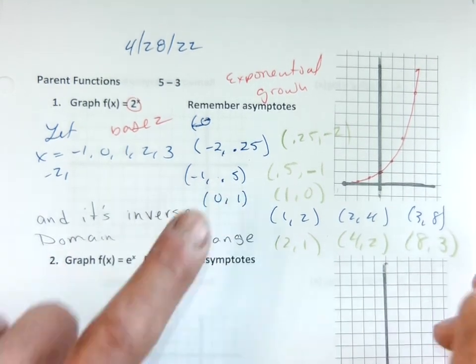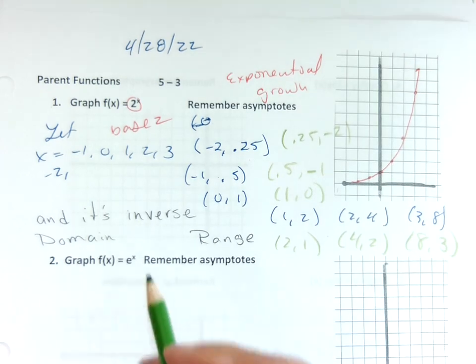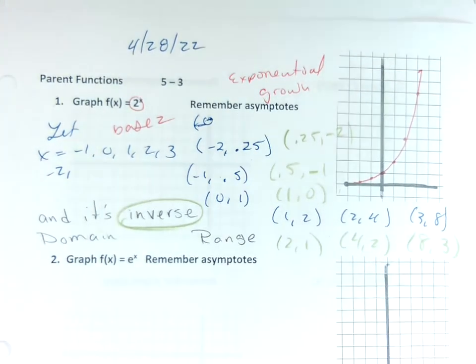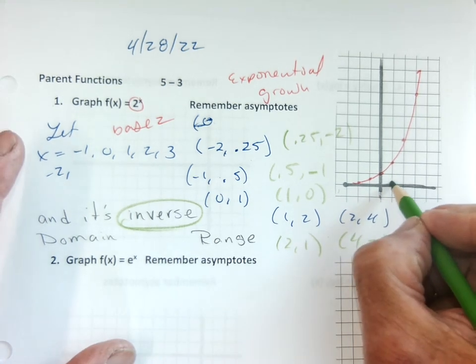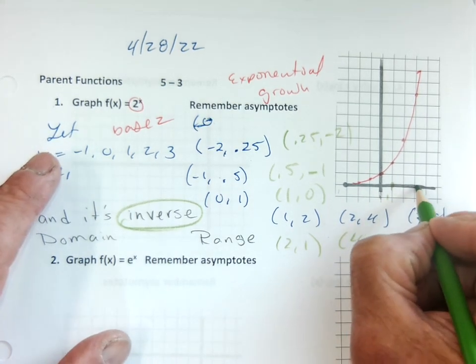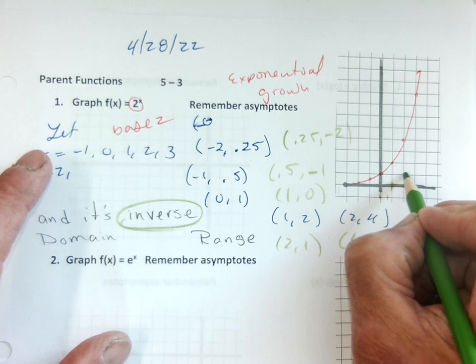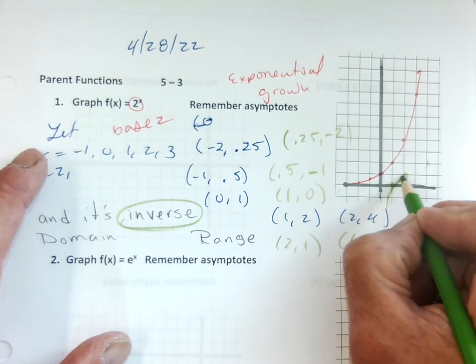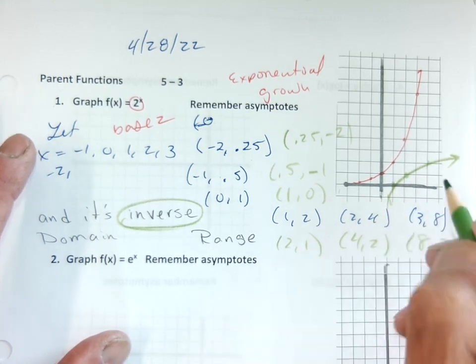Okay, there's the inverse. Because we know when we do the inverse, we just switch the variables, right? So then it would look something like this. There's my inverse, okay?